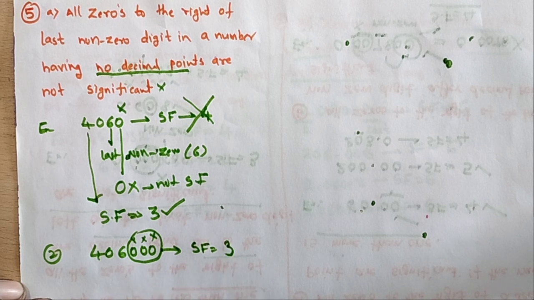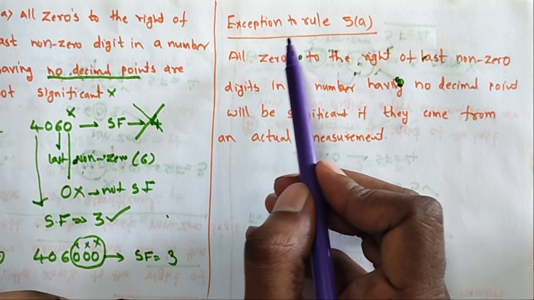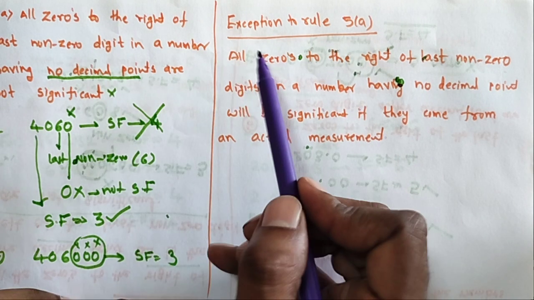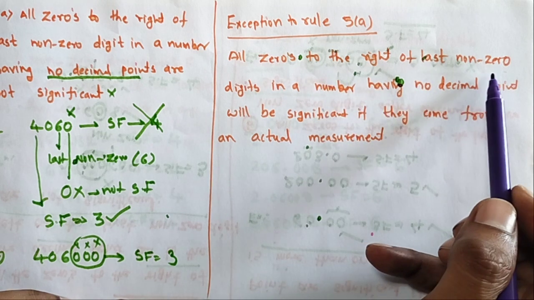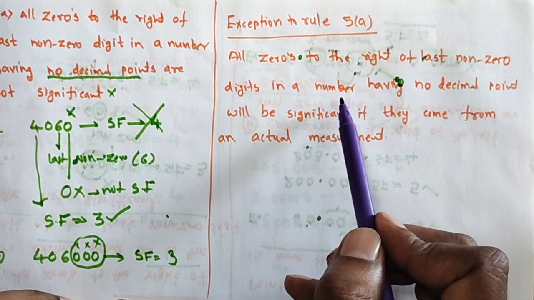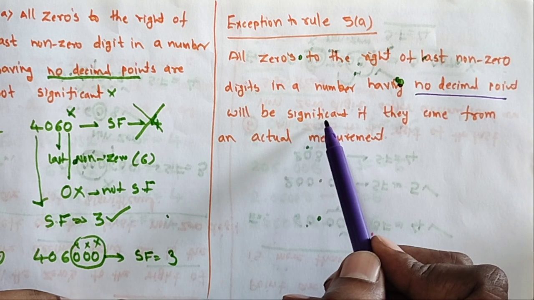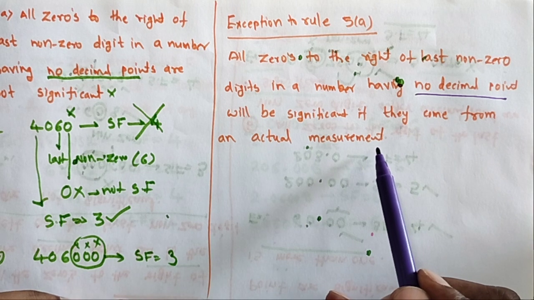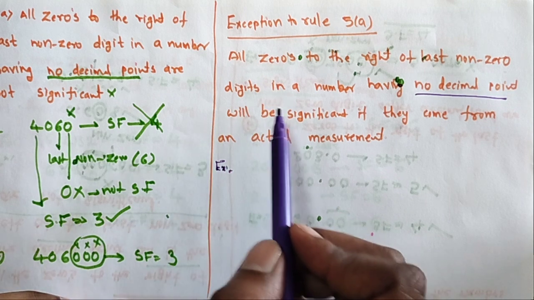And the last condition, which is very important, the exception to rule 5a. This is beside the rule, some exception. What is the exception? All zeros to the right of the last non-zero digits in a number having no decimal point will be significant if they come from an actual measurement. Here I am taking a very good example. This is an exceptional case.